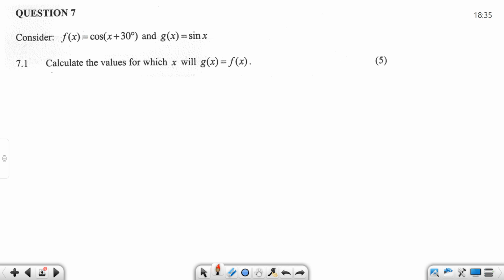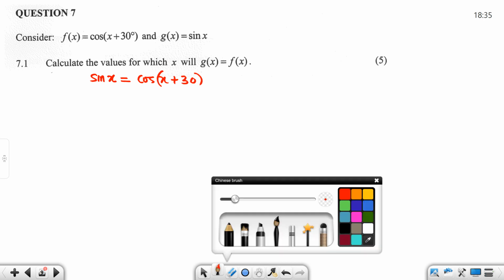All right. So g of x. What's g of x? It says sine x equals cos x plus 30. Okay, people, let's keep it down. Now we need to change either sine to cos. Changing is just basically 90.